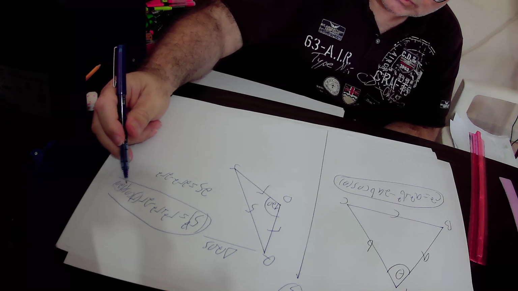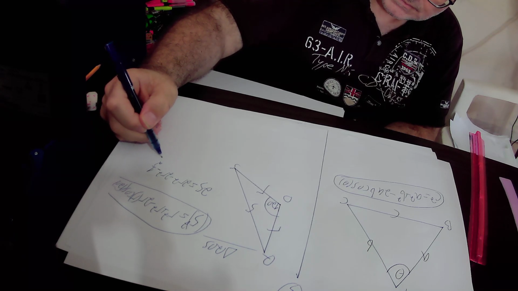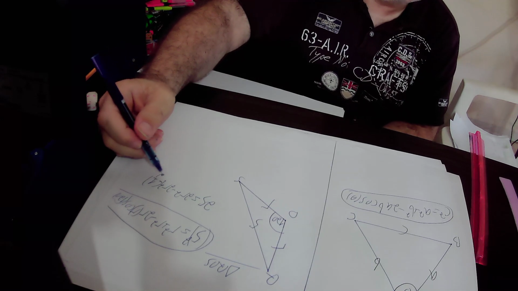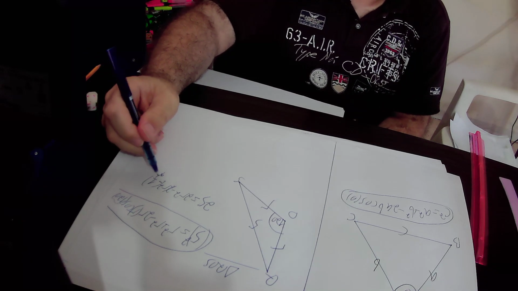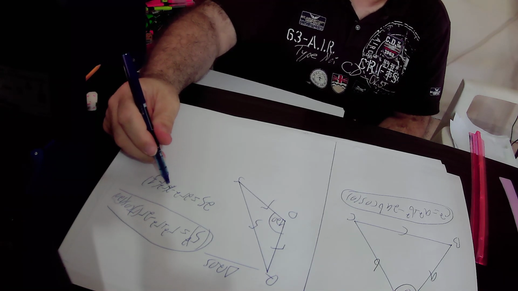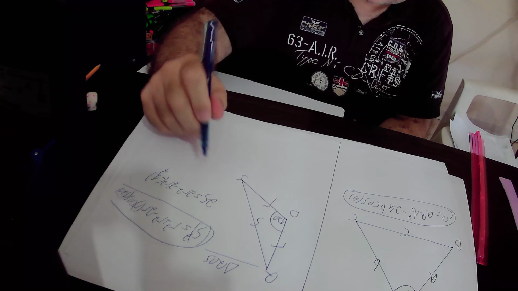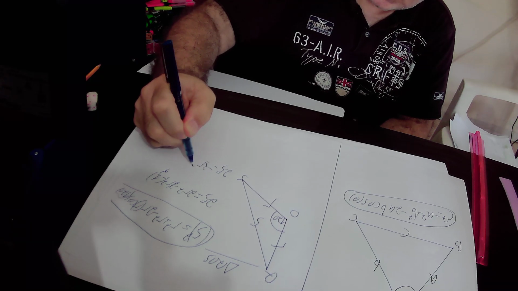So we substitute cosine 120 degrees by minus 1/2. Here we have 2 in the numerator and 2 in the denominator, so the 2 gets cancelled. Minus times minus is plus, so this expression equals plus R squared. So 25 equals 2R squared plus R squared, which is 3R squared.